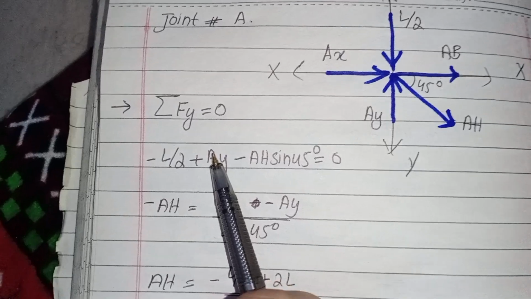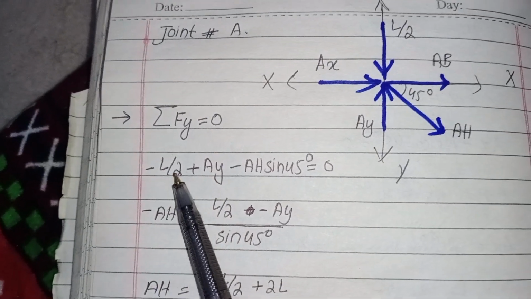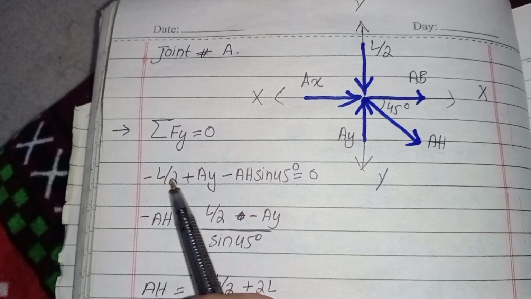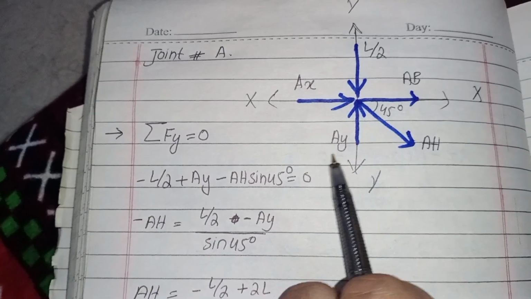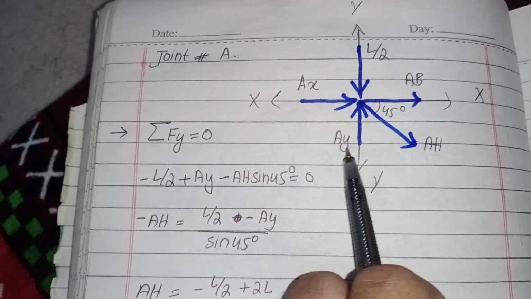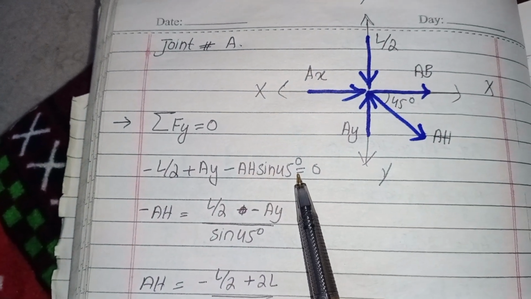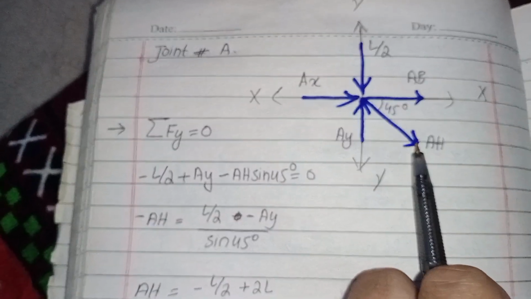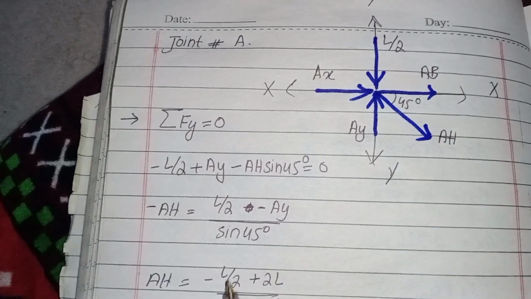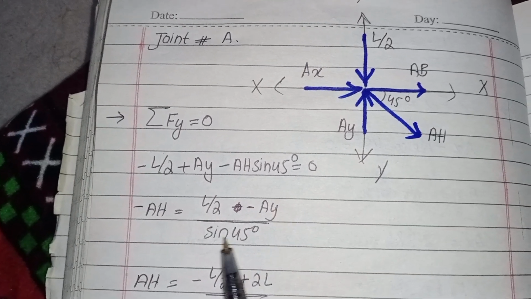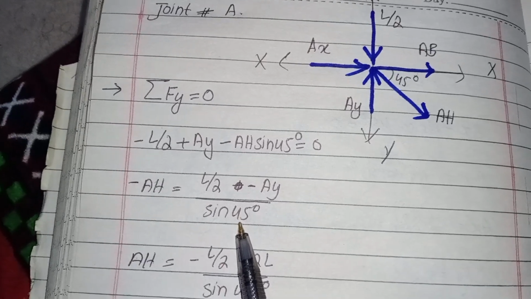L by 2 is directed downward, that's why I put a negative sign, plus AY, which is known to us, and AH sine 45, the component of AH, which is not known. So negative AH equals L by 2 negative AY, divided by sine 45.